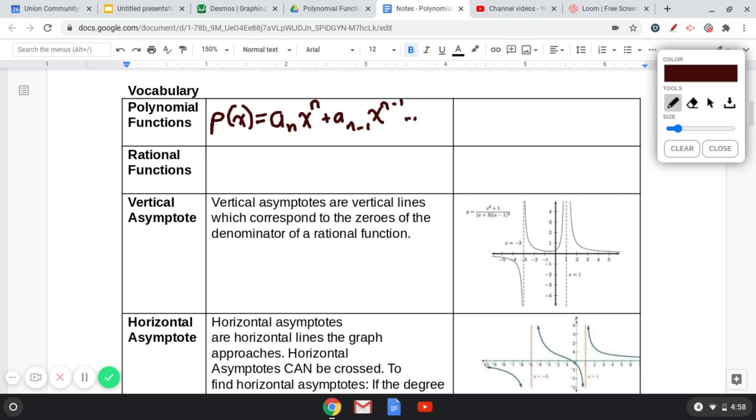So I'm just going to do some dots, a sub 1 x to the first power plus a sub 0 x to the 0 power.